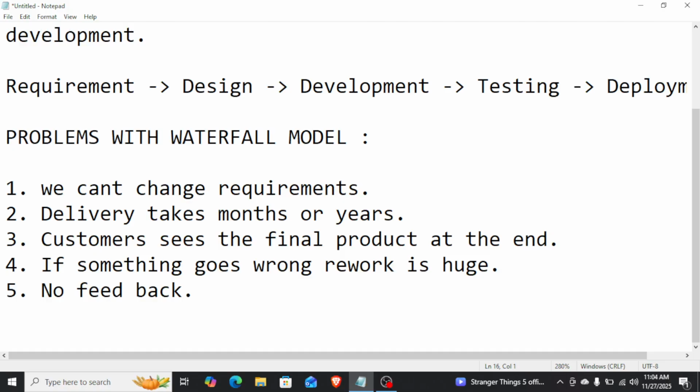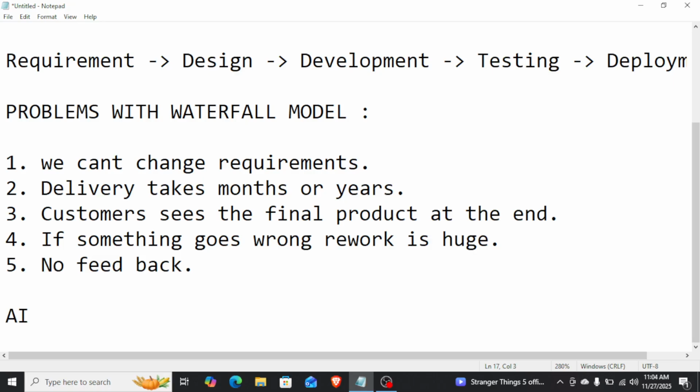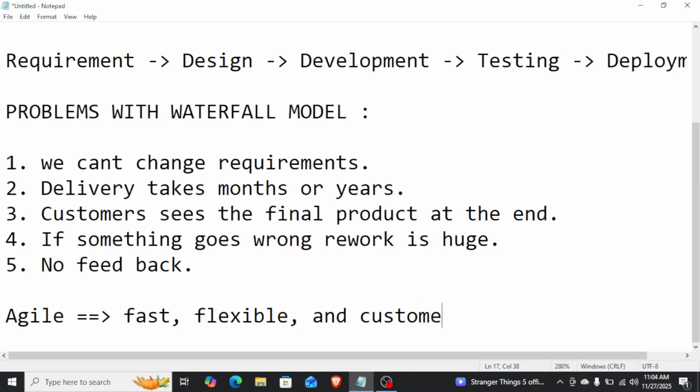Today, the world changes very fast. Companies need faster releases, quick response to customer needs, and the ability to change requirements anytime. So this is why Agile was introduced. Agile is fast, flexible, and customer focused development.